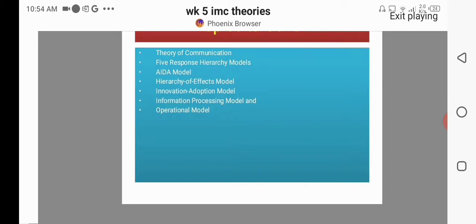The purpose of these theories is to understand how integrated marketing communication works, at which stages marketeers use the communication theories, and when to decide on the communication. So how do these theories work?